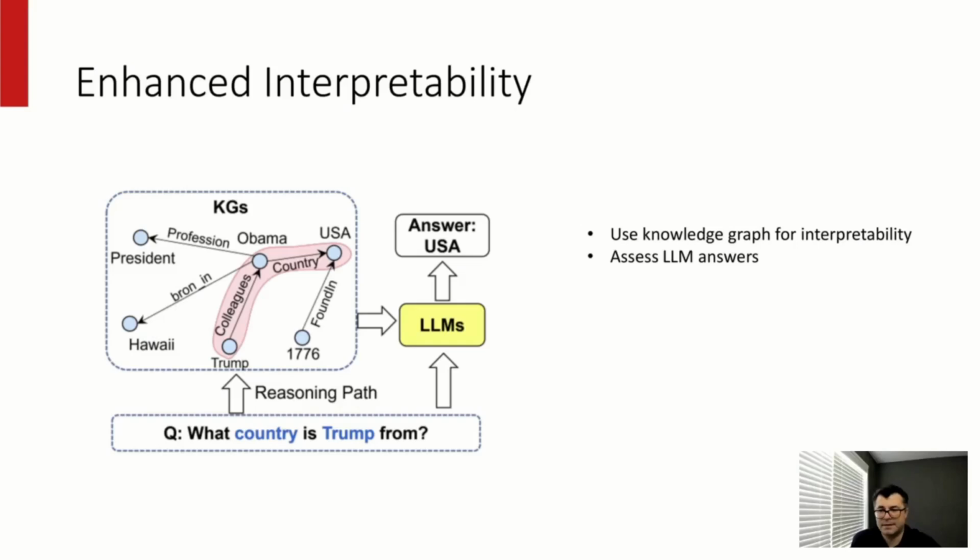Let's see. One of the buckets was enhanced interpretability. I will say that this illustration here just shows how you can leverage a knowledge graph for that. If you have a model where a knowledge graph is fused with a large language model, then you could go into the knowledge graph and look at questions that you can extract from it and then see what the large language model tells you.